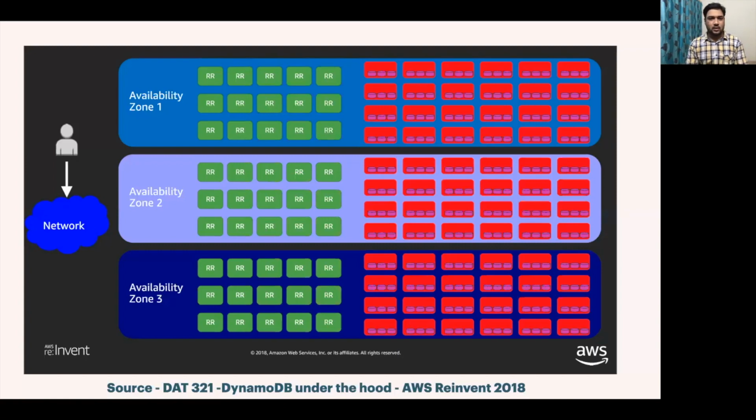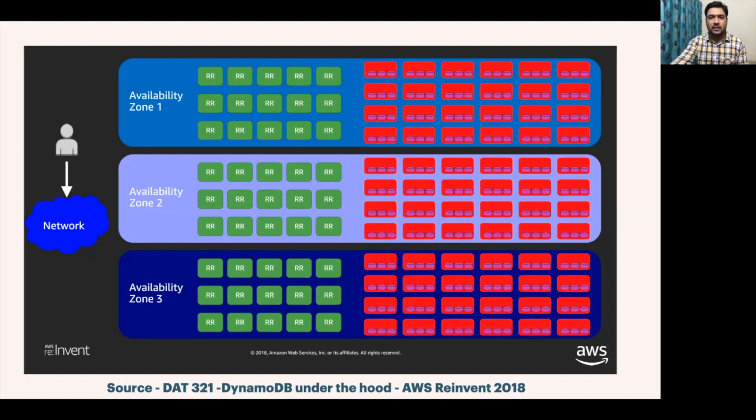So let's look into the architecture from a slightly different lens. As you see, in 3 different availability zones, there are multiple routers that have been spaced.